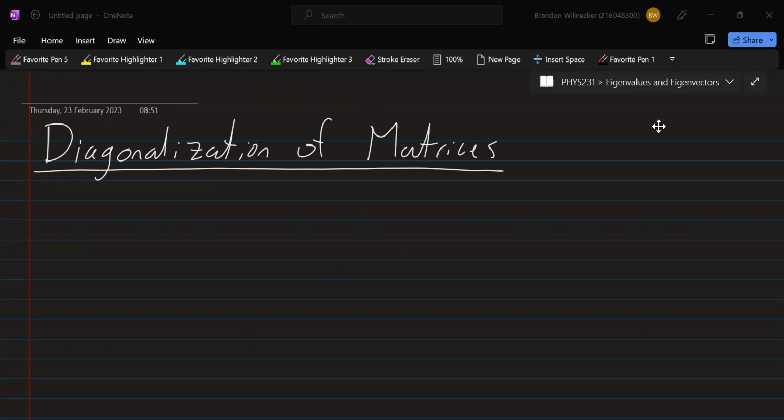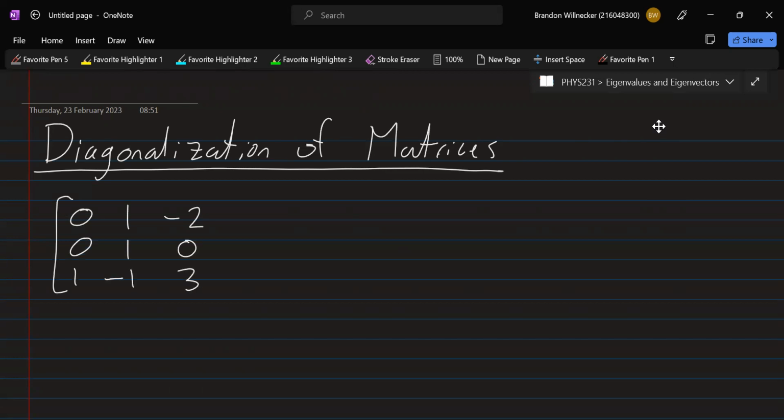Okay, so what we want to do is take a given matrix where the elements are all over. Okay, so we can have something like 0, 1, minus 2, 0, 1, 0, 1, minus 1, 3. Okay, so this is a non-diagonal matrix. We've got elements all over the place there.